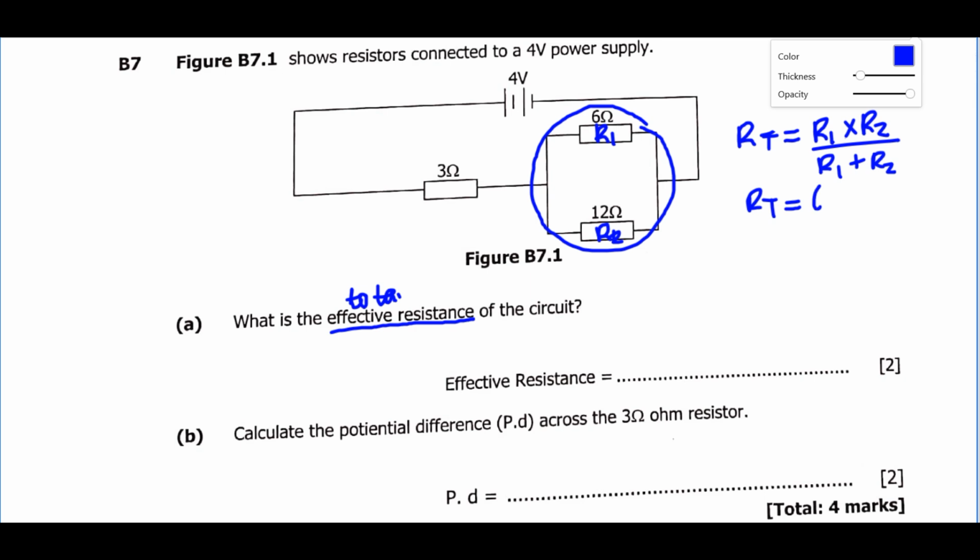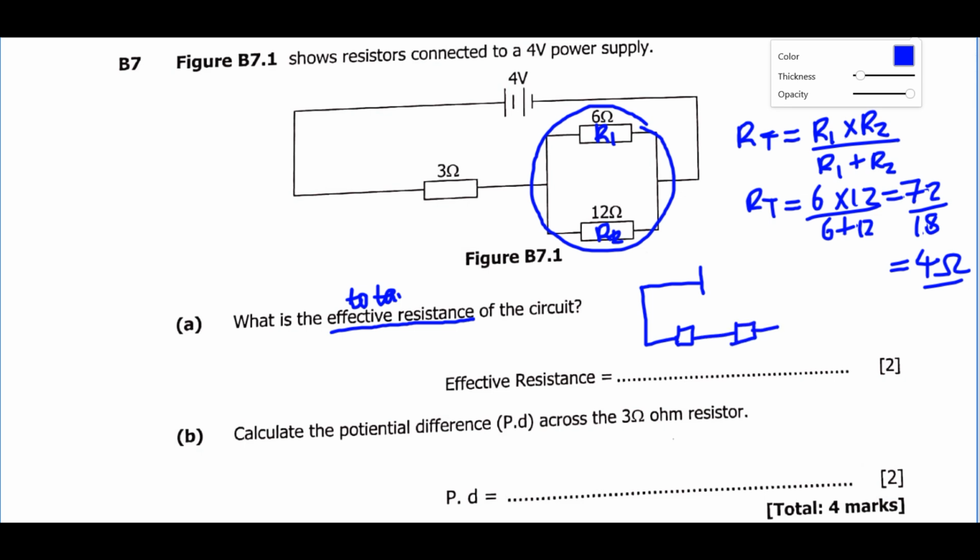Resistor 1 is 6 times 12 over 6 plus 12. So 6 times 12, I'm getting 72 over 18. If you divide by 18, you get 4 ohms. If I were to redraw, the circuit becomes like this. We've combined the two to form one.